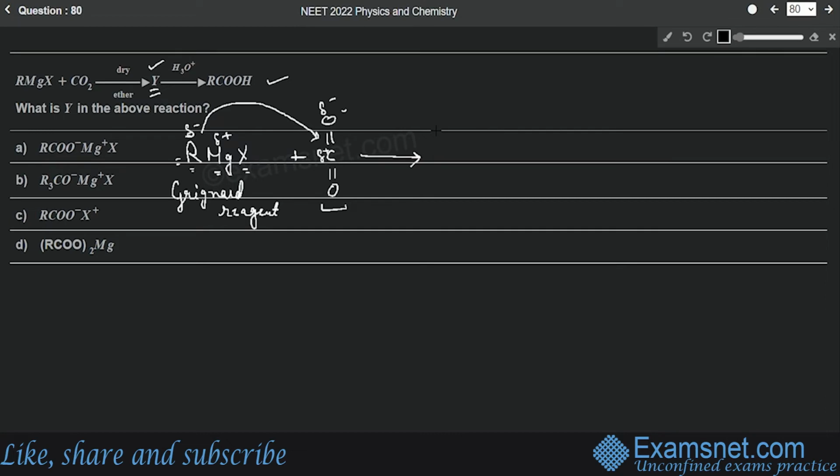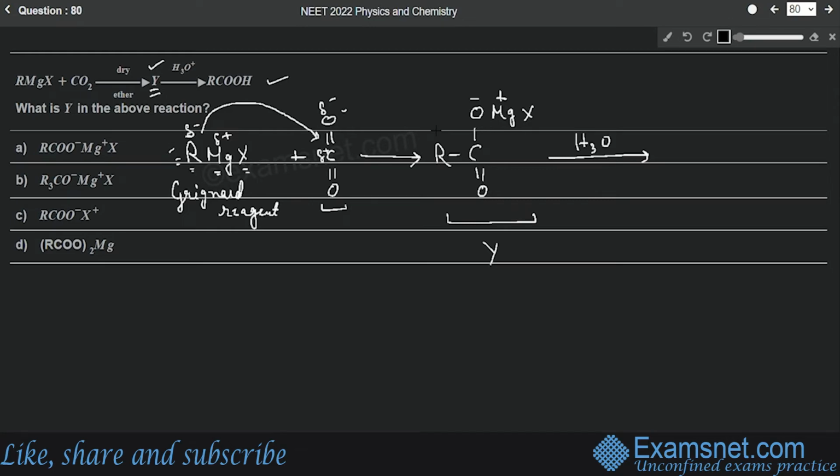Okay, so what will be formed? C double bond O. This double bond O will remain same, but here one alkyl group will be added to carbon. Okay, because here alkyl is negative and carbon is positive, and to this negative oxygen the positive magnesium halide will be added. Okay, so oxygen will have negative charge, whereas magnesium will have positive charge, isn't it? Now this is the intermediate Y, and when hydrolyzed, what will be formed?